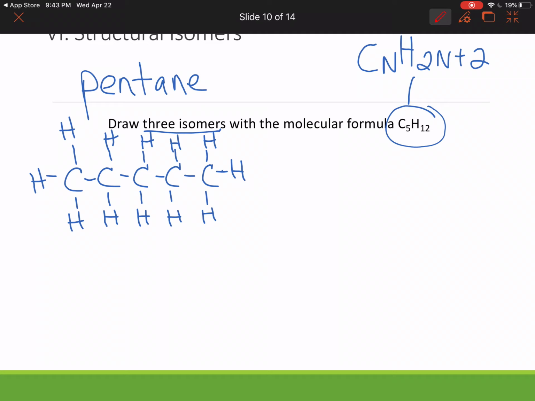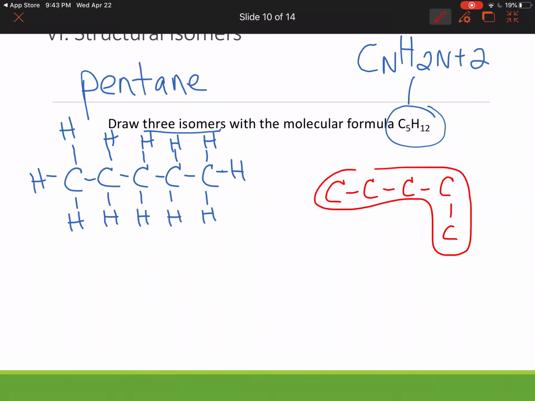So we have 1, 2, 3, 4. So let's say you do this. You're going to do 1, 2, 3, 4. I'm going to pop off that 5th carbon, and I'm going to put it here instead. All right, now I want you to notice how this is not a new structure. Why? Well, I can still make a long continuous chain of 1, 2, 3, 4, 5 carbons.